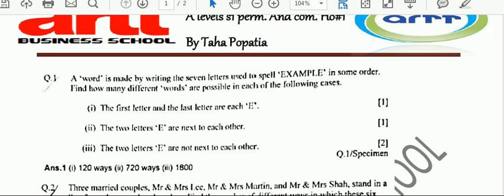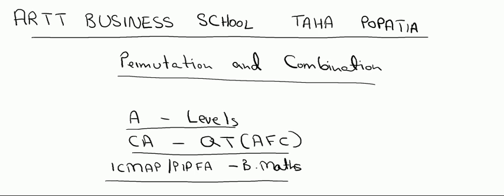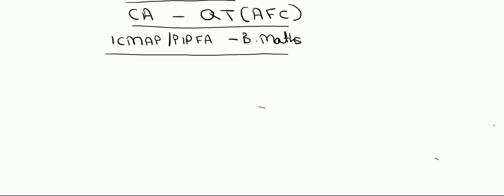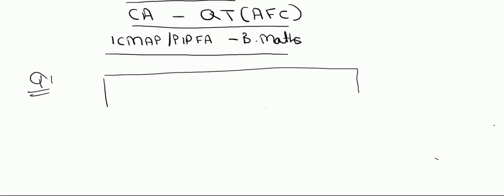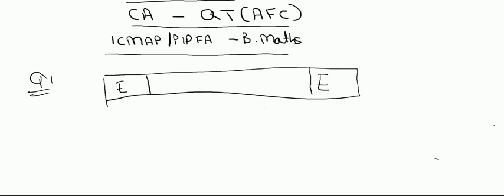The first and the last letters are each E. The question states that the first and the last letters should be E. They cannot be other than that. Now to solve this type of question, we can draw a rough diagram, boxes, and we know that the first letter is supposed to be E and the last letter is also supposed to be E. There were 7 letters in total.